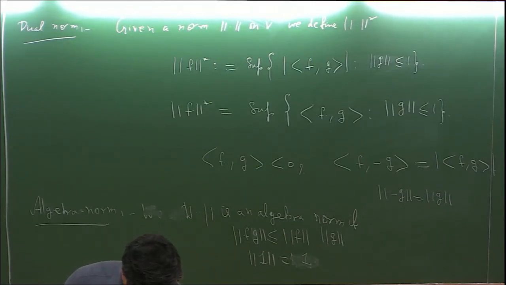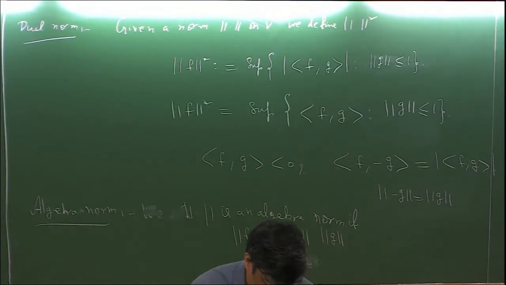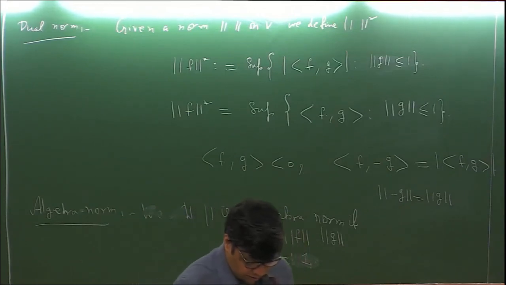All right. Okay, maybe it is a good idea for me to prove the result which I will need to deduce from the algebra norm. Why will I need an algebra norm?